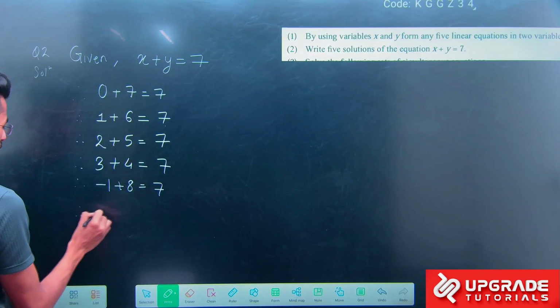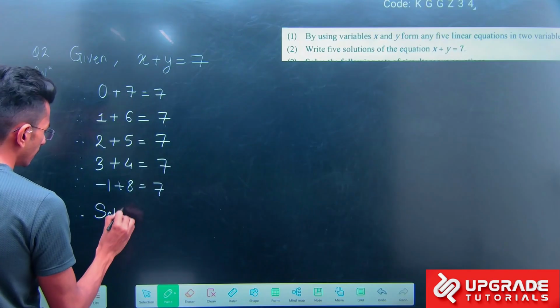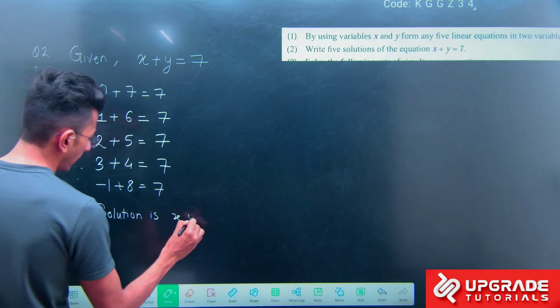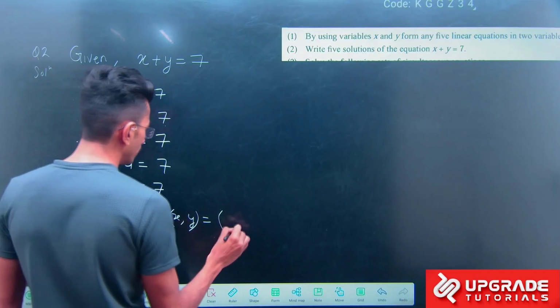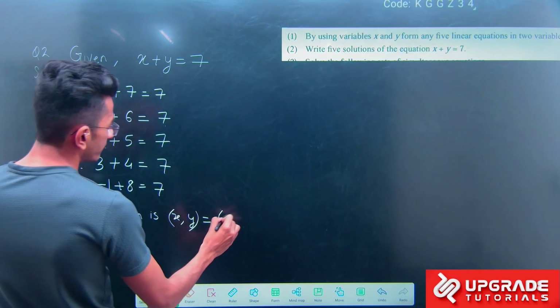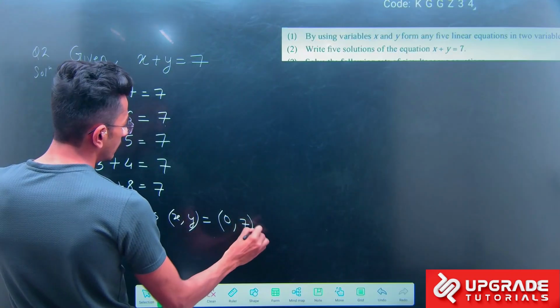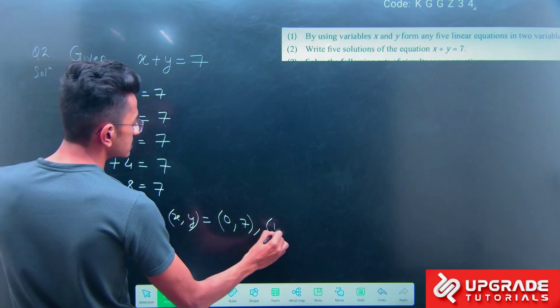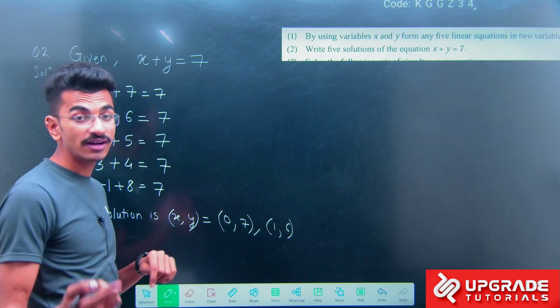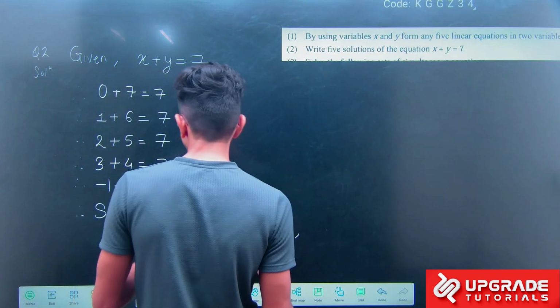I will write, therefore, the solution is x comma y equal to: first 0 comma 7, next 1 comma 6. Another solution can also be 6 comma 1, or 7 comma 0, that can also come.